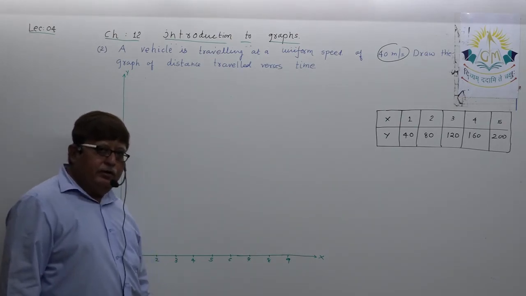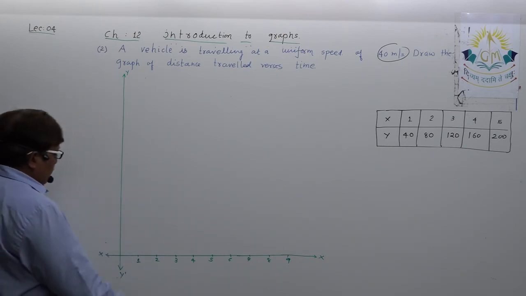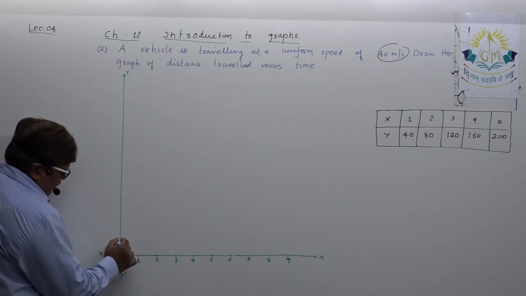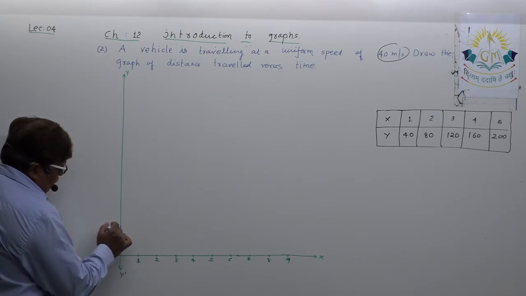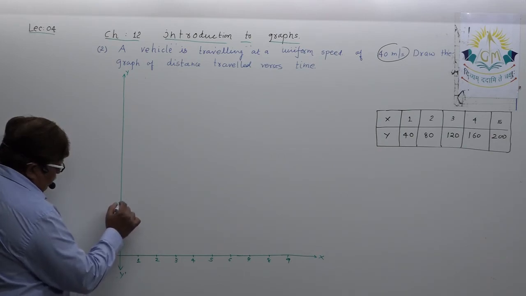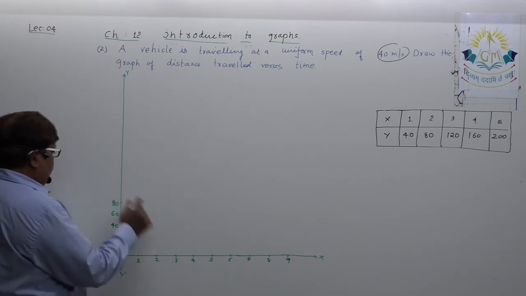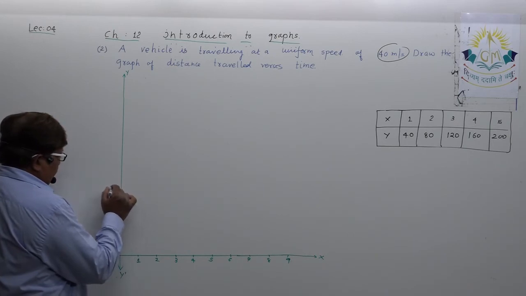I will take 1 centimeter equal to 20. Okay. So first this is 20, second 40, then 60. Okay. We have taken scale of 1 centimeter equal to 20.